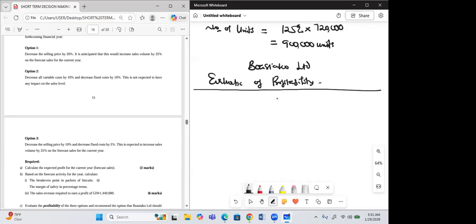So you put down your current, then your option one, then your option two, and then your option three.